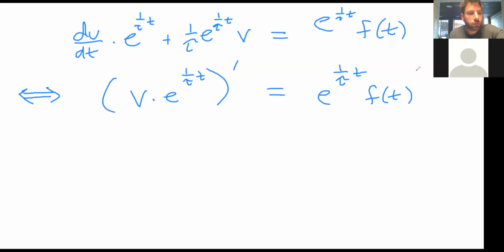If you want to do this properly, you need to be thinking about the fundamental theorem of calculus and how that kills the derivative. Before we do that, does anybody have a question?